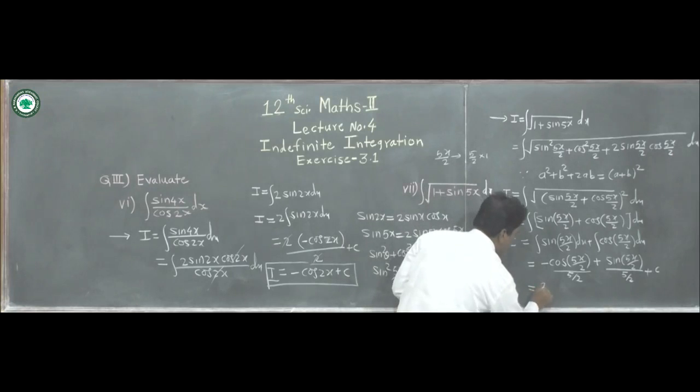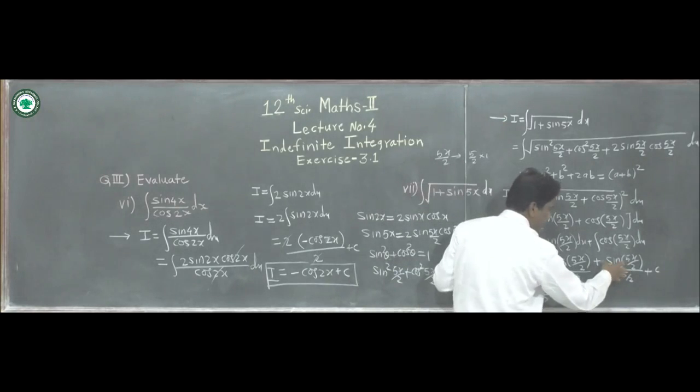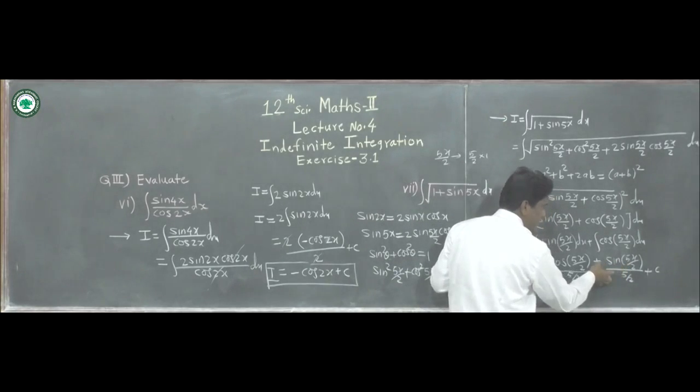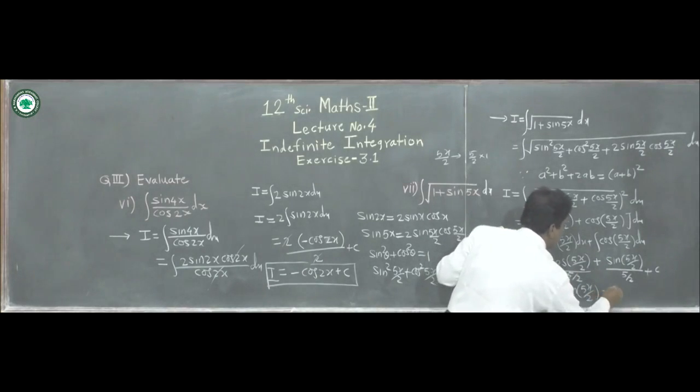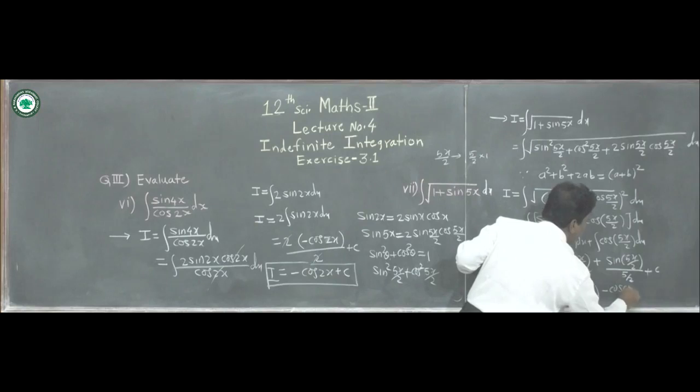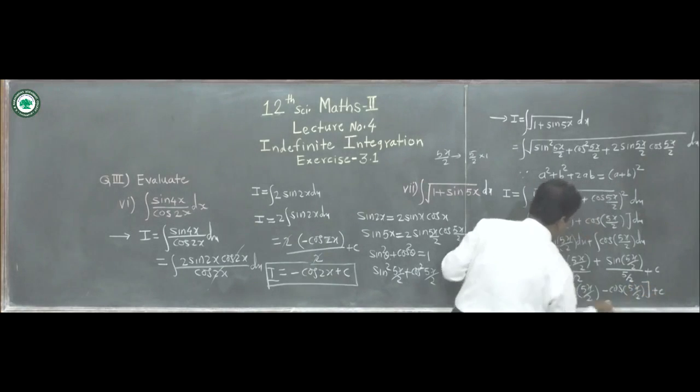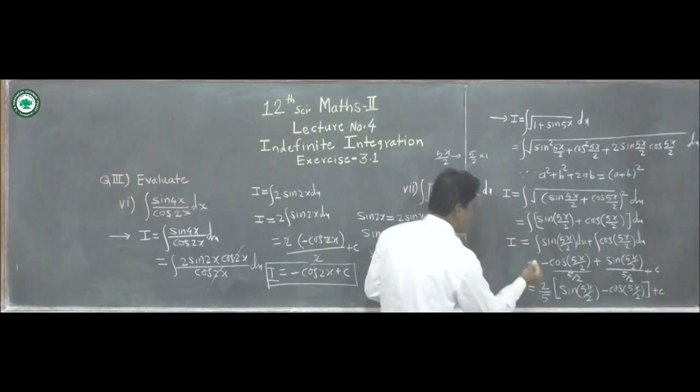We write the plus term first because this term is plus: 2 upon π into sin of πx upon 2 minus cos of πx upon 2, plus the constant of integration. This is the final solution.